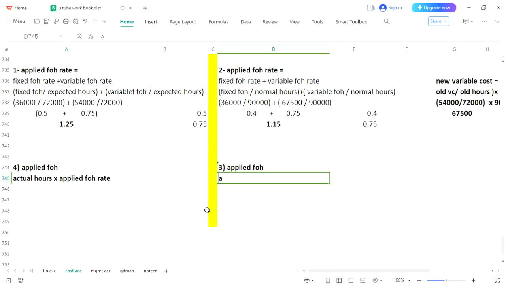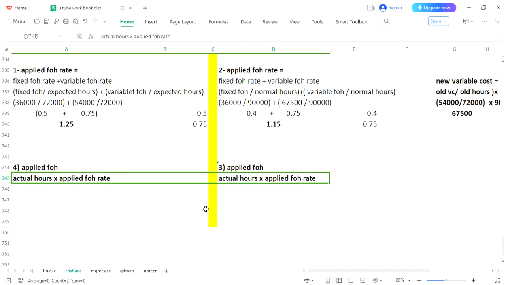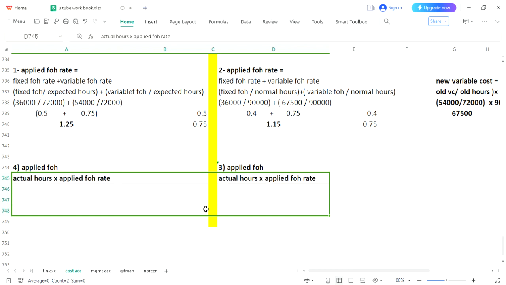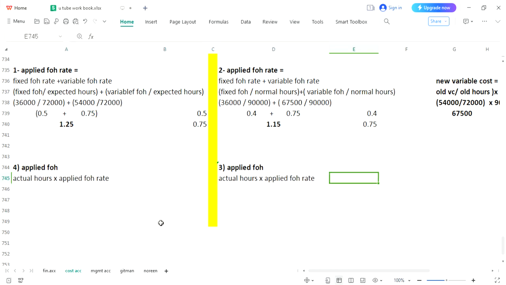Formulas are the same. Here we will use actual hours, multiplied by the applied FH rate. The only difference is that you will use expected and normal capacities in different ways. So let's check it out. First we will solve the third question.